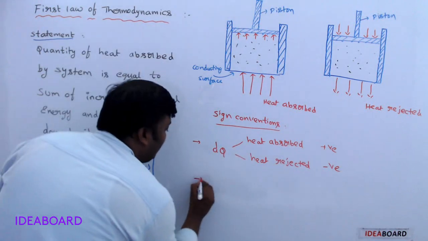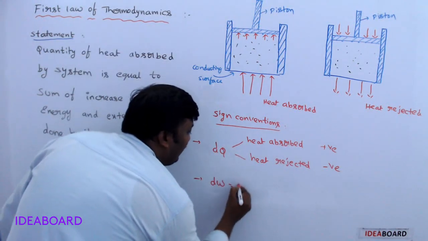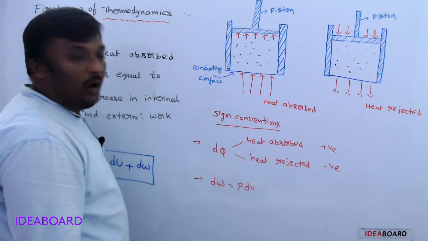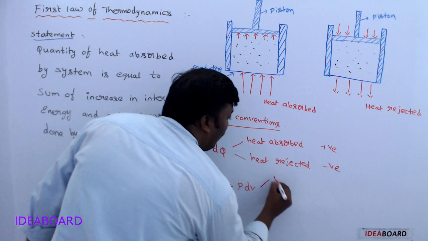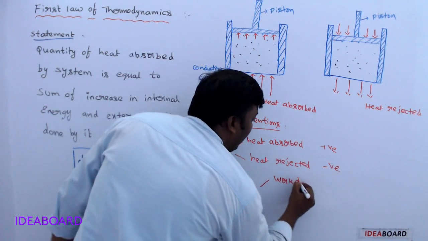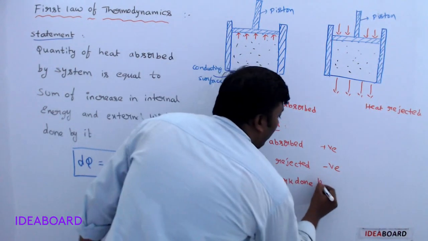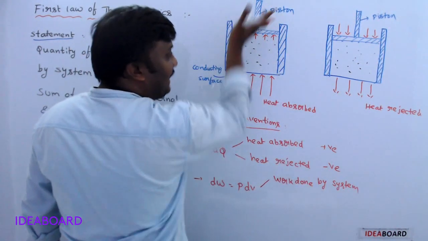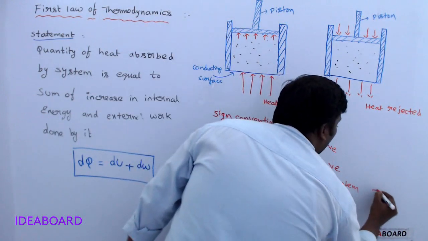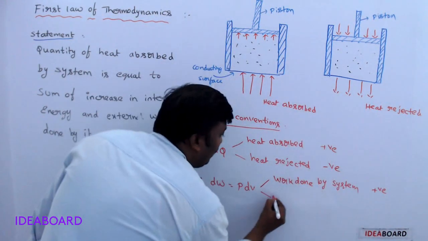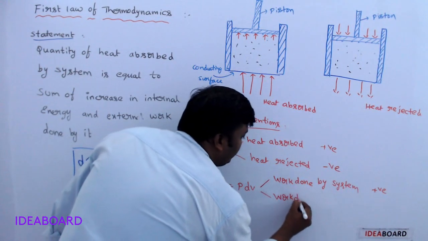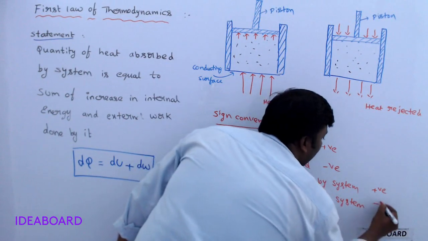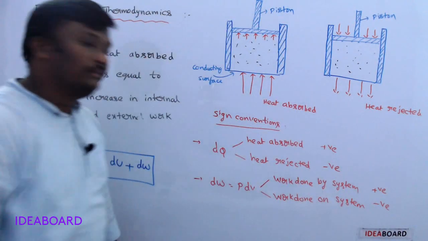Okay, next dw. dw is nothing but PdV, depending on the pressure and volumes. If work is done by the system, work done by the gas, then dw is positive. Work done on the gas or on the system is taken as negative.